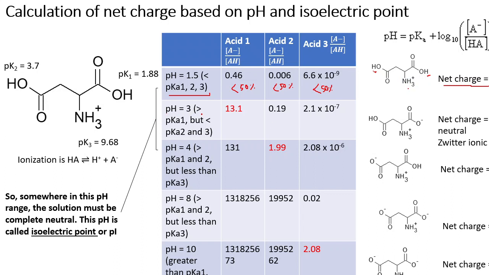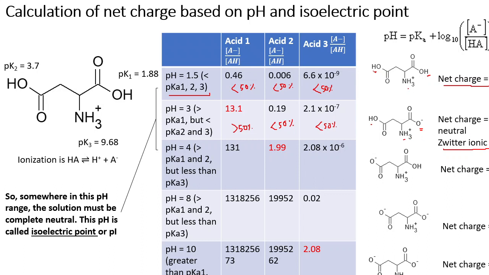At pH equals to 3, it is over the pK for this group, but not so much for the other two. This is still less than 50%, so those will not ionize. Okay, so this is not ionizing, this is also not ionizing. Now this case, the net charge is neutral because plus and minus, they're cancelling each other, and we call this the zwitterionic form of the amino acid.